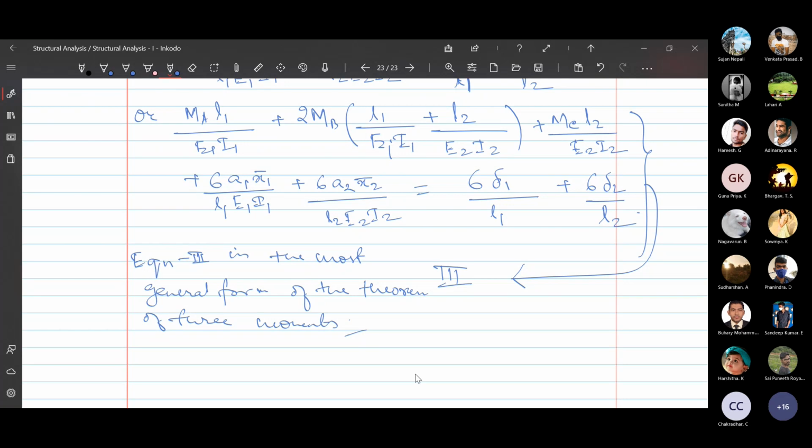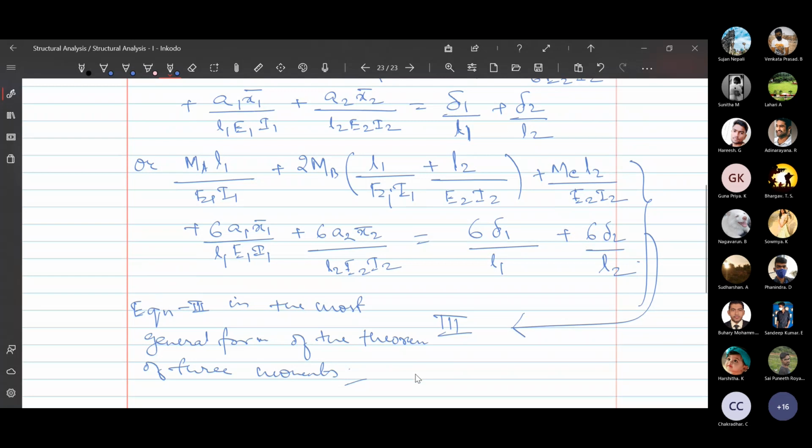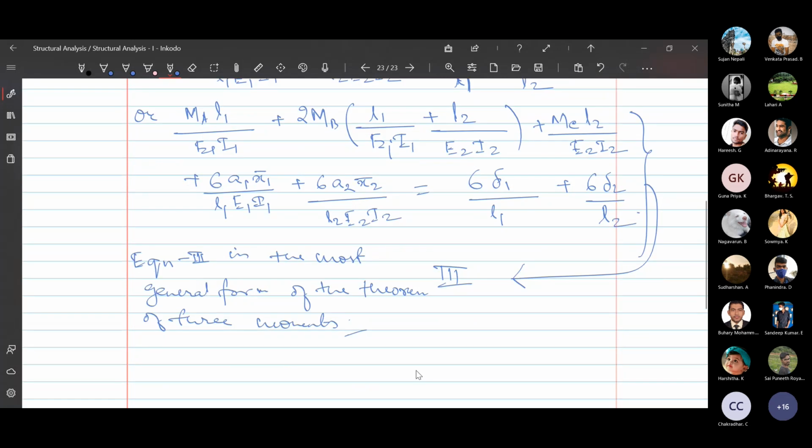So this derivation can be asked as a long question in your examination. And in the next class, we will be learning about some special cases, just like we learned 4 to 5 special cases of fixed beam. Similarly, we will learn some special cases of the continuous beam. Okay, so that's it for today's class.